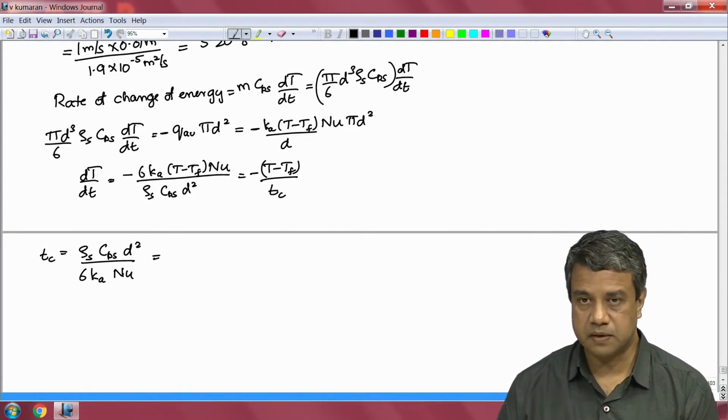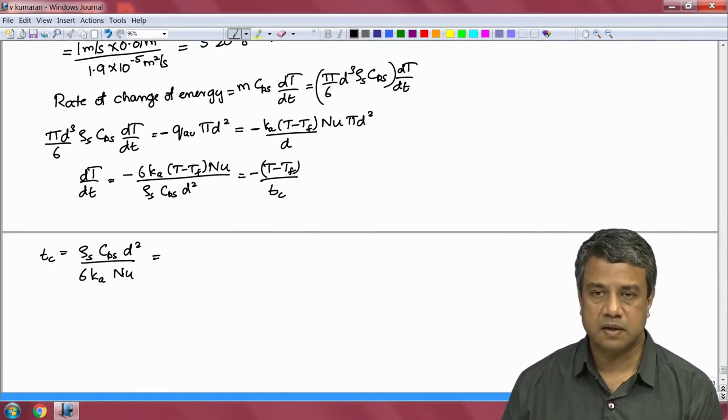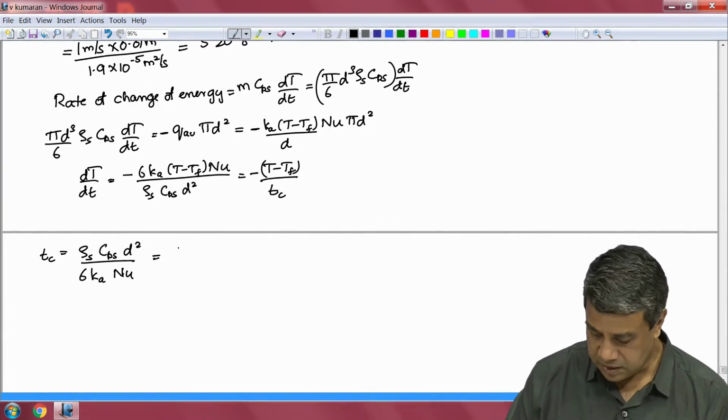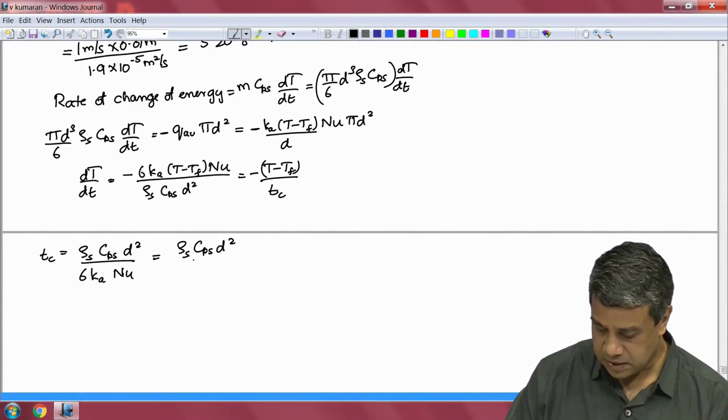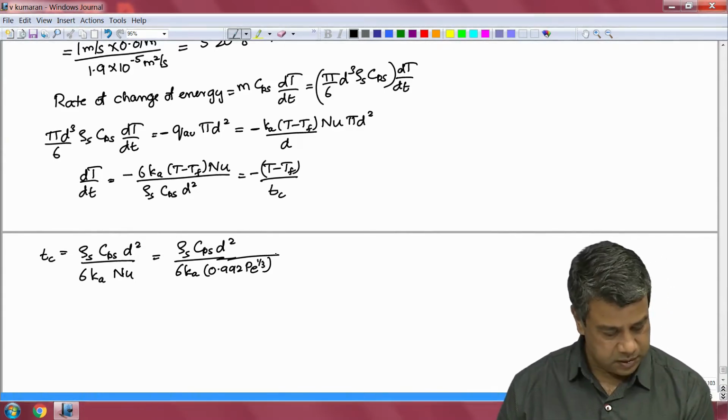The Nusselt number correlation in terms of the Peclet number for natural convection in the limit of high Peclet number. So, we will substitute that in this case. This is rho s Cps d square by 6 Ka into 0.992 Pe to the power 1/3.